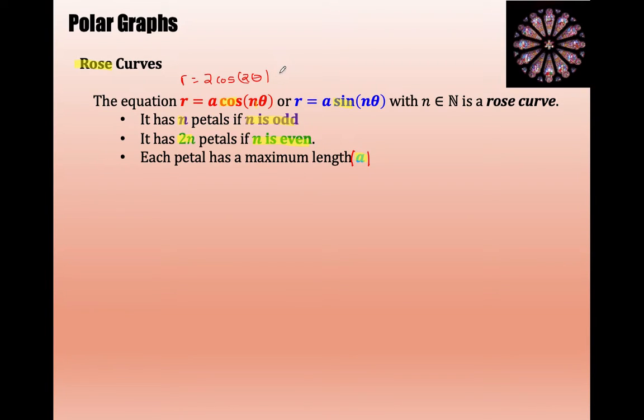We had the right form to be a rose. Then we looked at n, and remember n has to be an integer. n was even, therefore how many petals did we have? 4 petals. And the absolute value of our dilation factor was 2, and that was the maximum length.